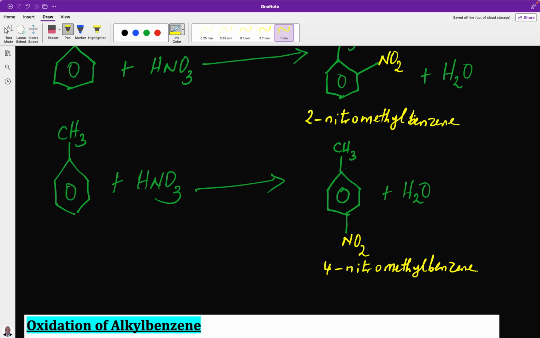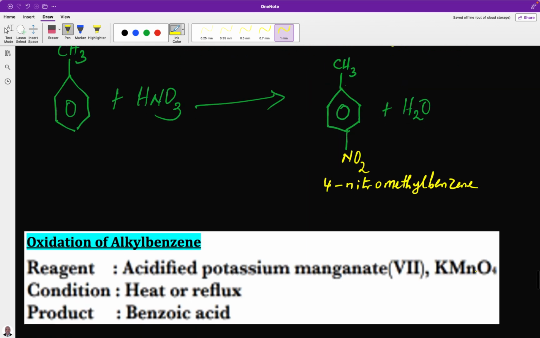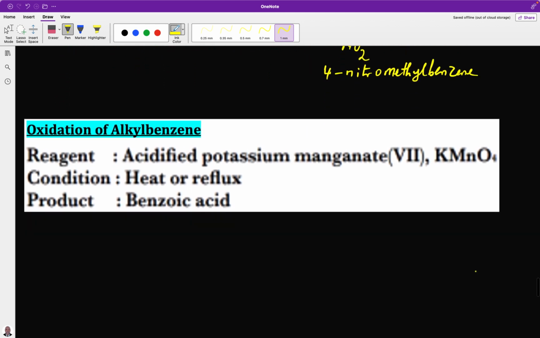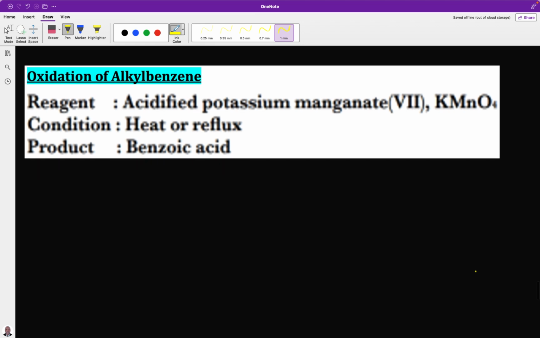So now we will proceed to oxidation of alkylbenzene.